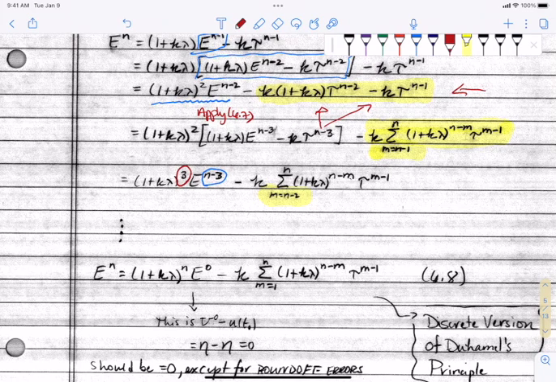And so I go through this process n times, and after all those steps, what I come up with is then a 1 plus k lambda to the power of n. I get all the way down to the global error at my original time step, my initial condition, and then I have an index which runs all the way from 1 to n on my summation.